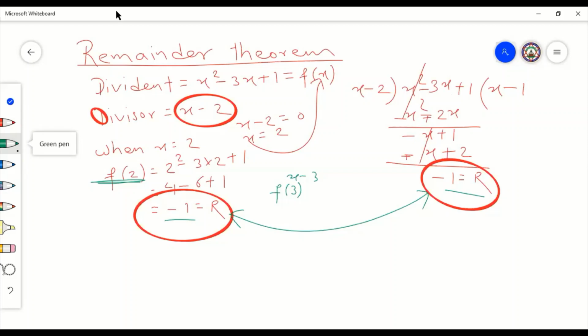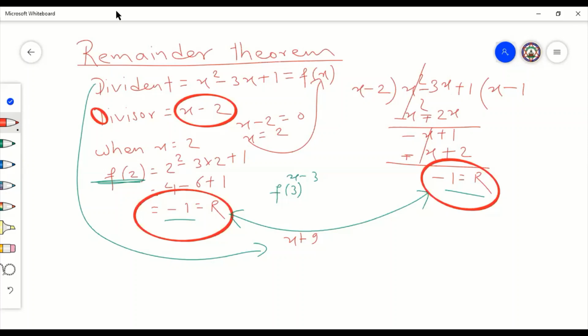You get it? Again, I'll give an example. Suppose you divide this polynomial by x plus 9, what does it give as the remainder?